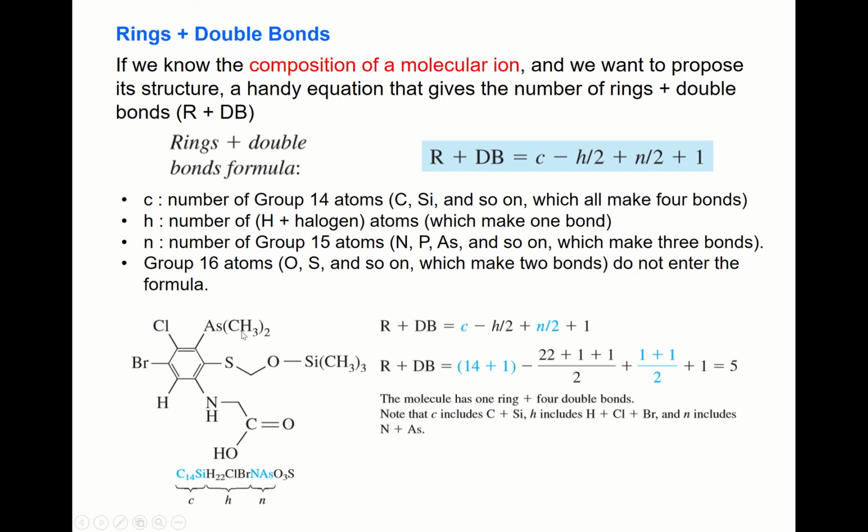Then the total is 6 plus 4, 10, and here 3, 13, and 14. Here 14, and another one, silicon. Silicon is also a member of the carbon family, so plus 1. And minus half of H. Let's count the H. H is hydrogen and halogen. How many hydrogen atoms here? 1, 2, 3, and here 6. 1, 2, 3 plus 6.